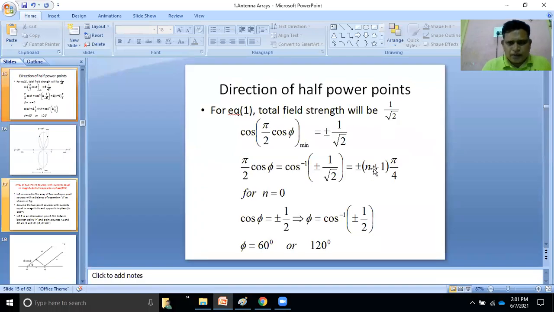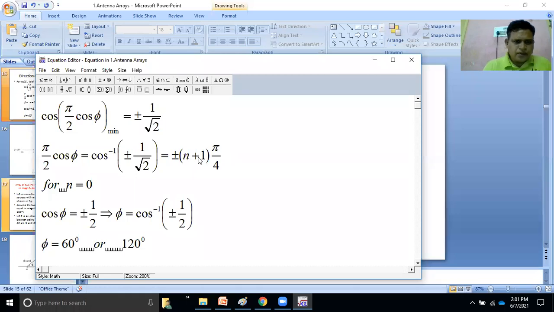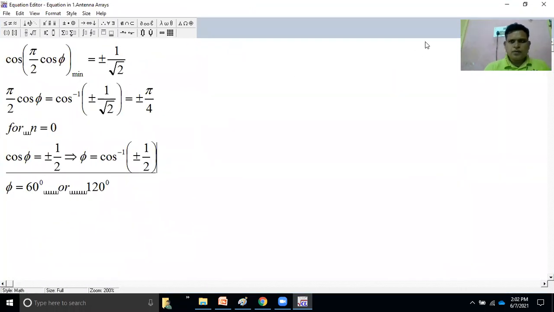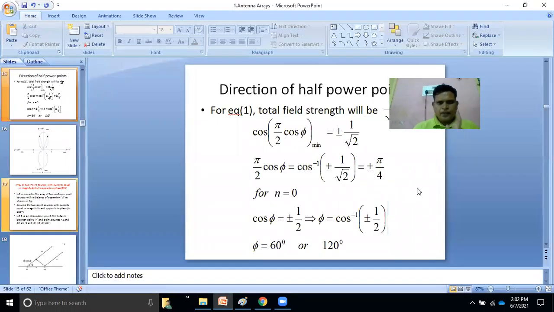At present, take this as pi by 4. We'll see later what will happen. This is cos inverse of plus or minus 1 by root 2. This is nothing but plus or minus pi by 4. Cos pi by 4 is equal to 1 by root 2.